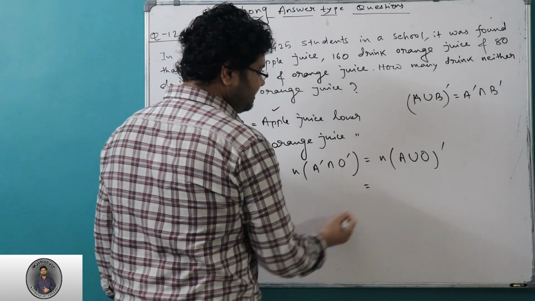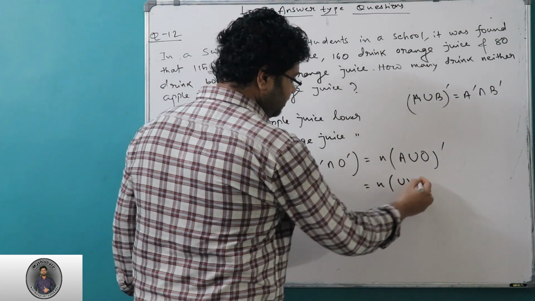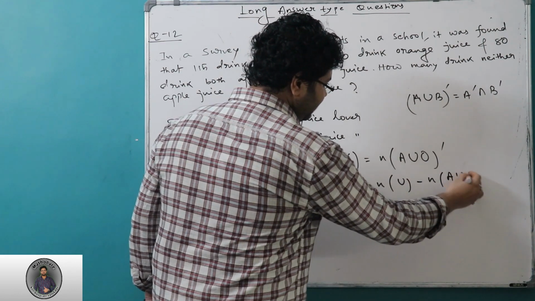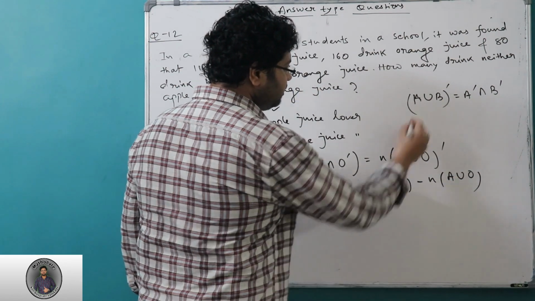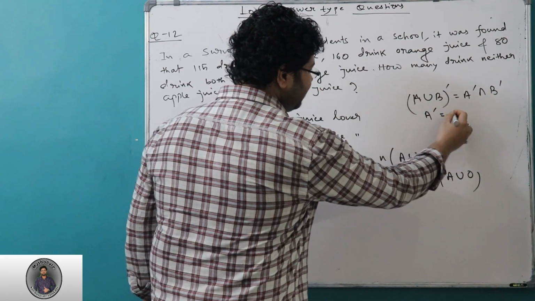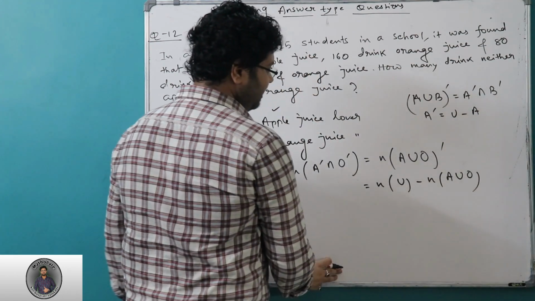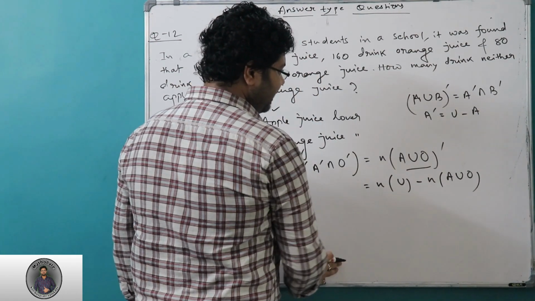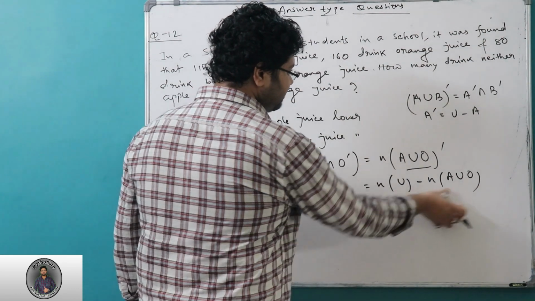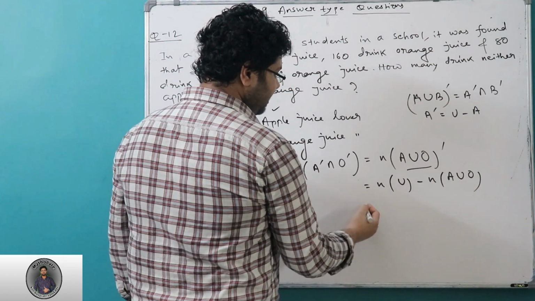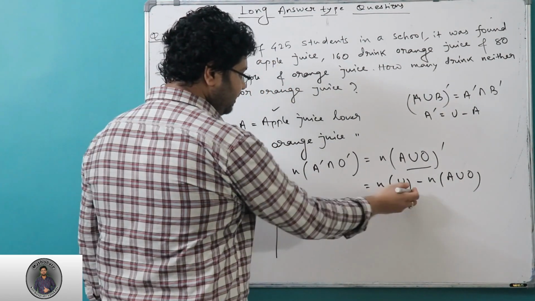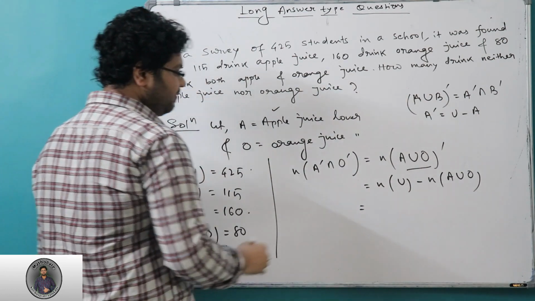And we can write here that is n of U minus n of A union O, because we know that A complement means universal set minus A. So if we take this whole set as A, then universal set minus that set. And now n of U is given as 425.